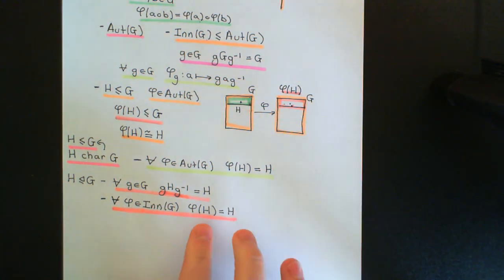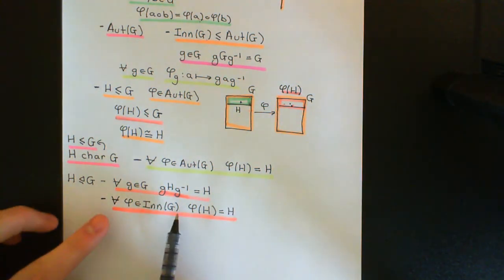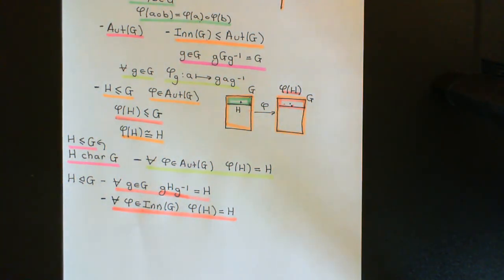This is a stronger version of this. In normal, we're just saying that this subgroup has to be fixed by any inner automorphism of the group capital G. So you come up with any inner automorphism, which means a mapping that is effectively equivalent to just conjugating all the elements of the group by a certain fixed element of the group, and H must be fixed by every single one of them, i.e. mapped completely onto itself.